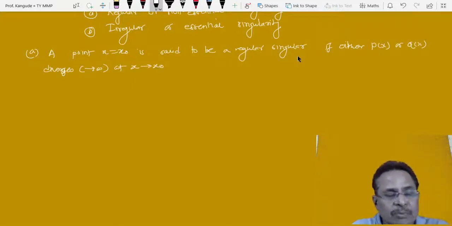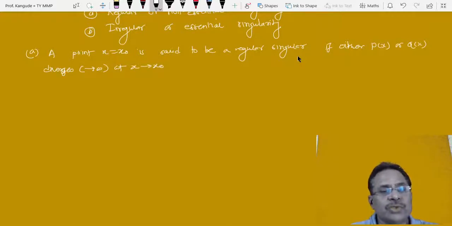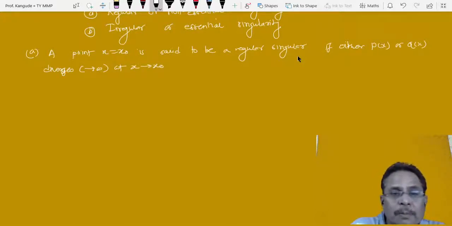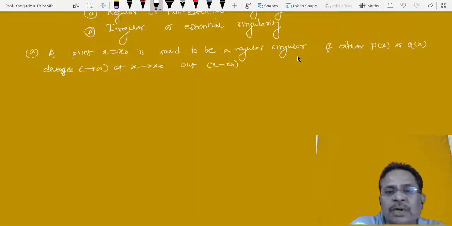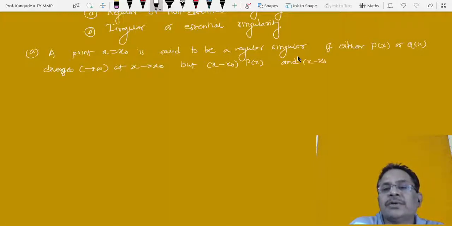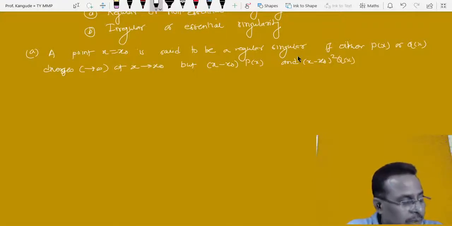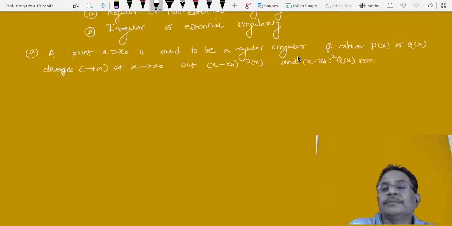That means when I put the value x equal to x0, either p of x or q of x diverges, but the products (x minus x0) into p of x and (x minus x0) square into q of x remain finite.